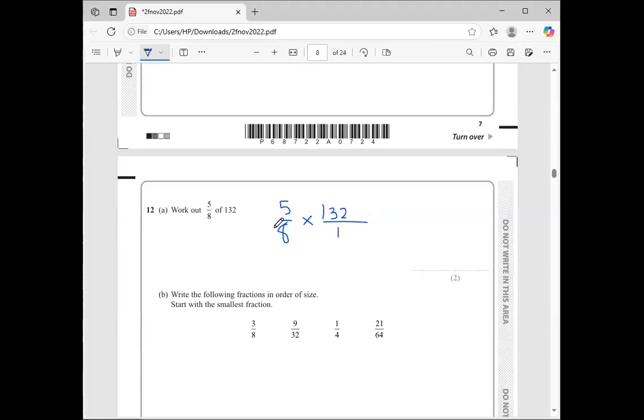So let's go. 82.5. Did you get it? Okay, so it's not a whole number, right? No. Oh, okay, no problem. Since it doesn't give us a whole number, let's just multiply 5 by 132 and divide it by 8. 5 times 132 divided by 8.